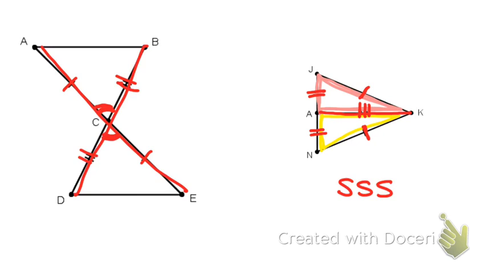These here are vertical angles. Vertical angles are always congruent. So kind of put those tick marks there for yourself and then take a look. I have two sides and an angle, and that angle is tucked in between the two sides. So this would be side, angle, side.